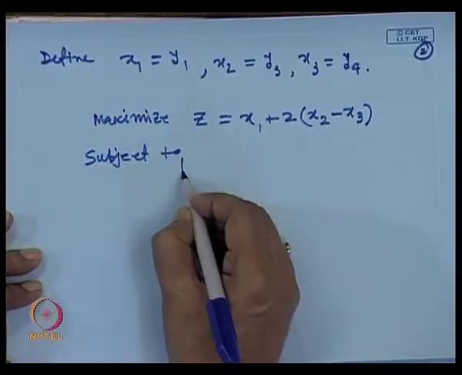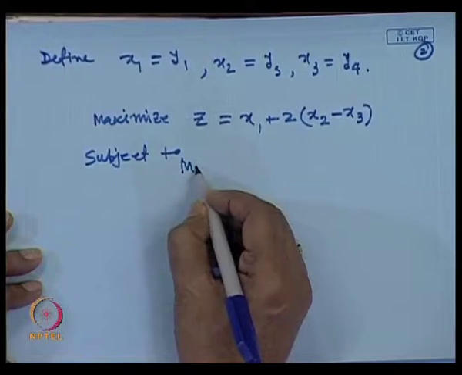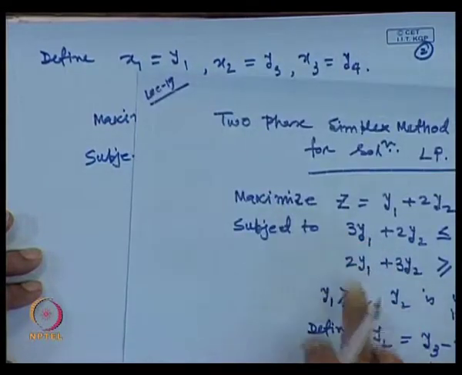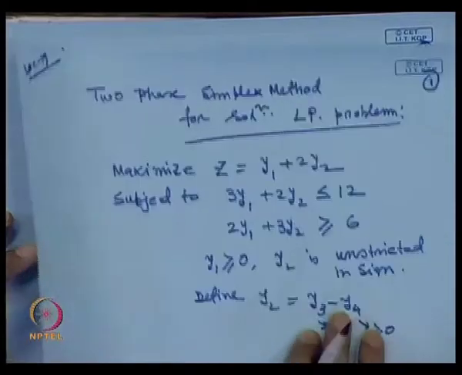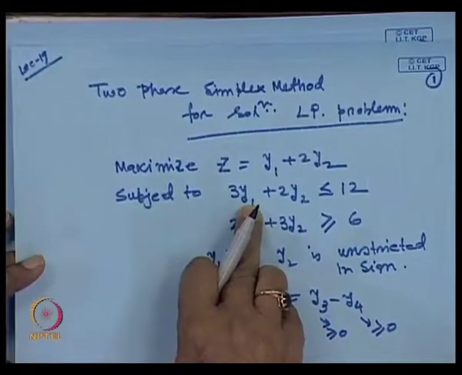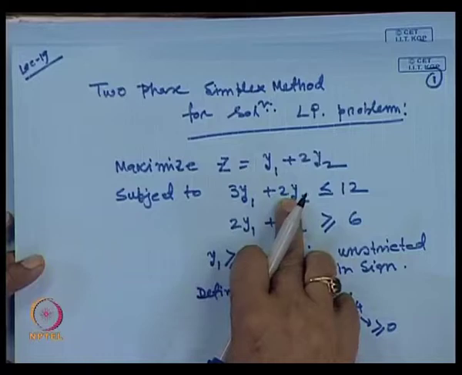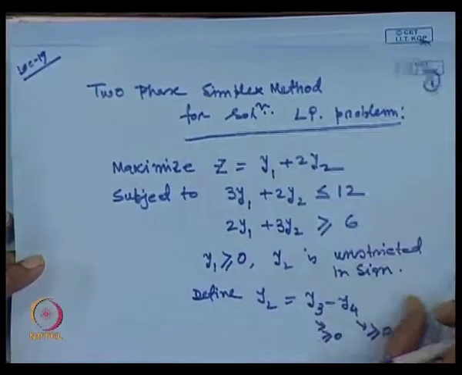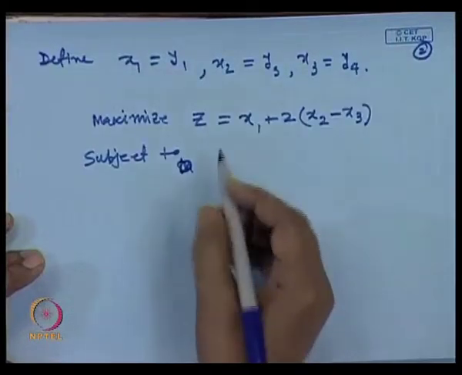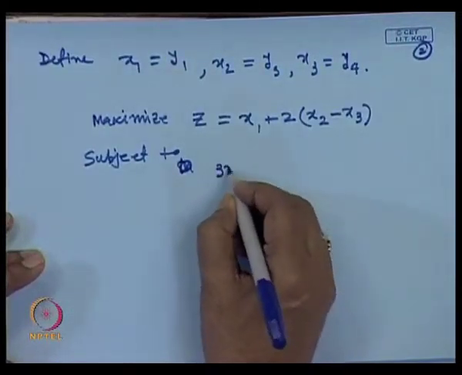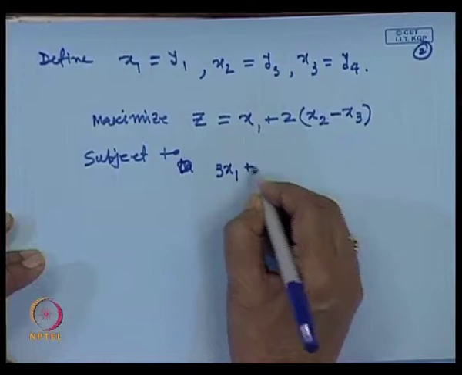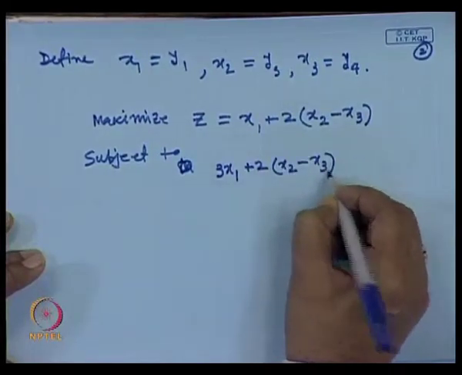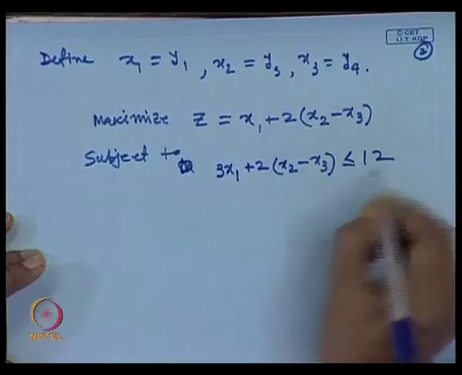Subject to: 3 y 1, I can write 3 x 1, plus 2 y 2 meaning 2 x 2 minus x 3, less than or equal to 12. So, I will write 3 x 1 plus 2 x 2 minus x 3 is less than or equal to 12.